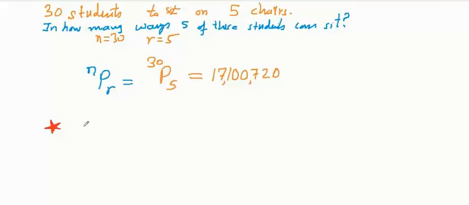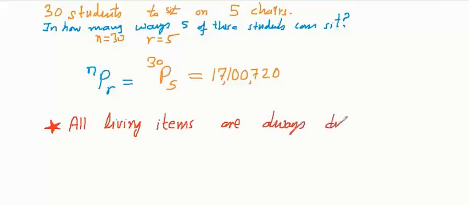All living items are always distinct, like the people in the world, no two persons in the 8 billion population are the same.